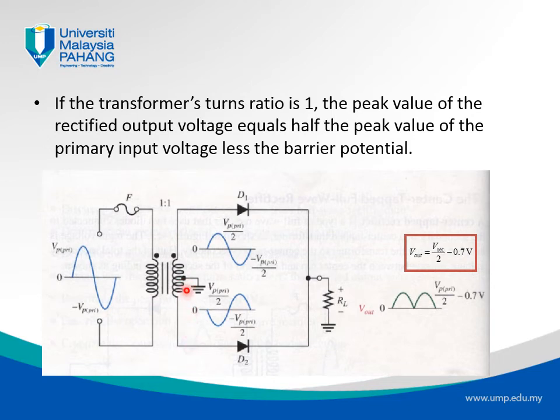So in order to get the same peak value, we have to have the same amount of coil on each half compared to the amount of turns of coil in the primary. So the ratio should be 1 to 2 in order to have Vp at the output equal to Vp at the input.